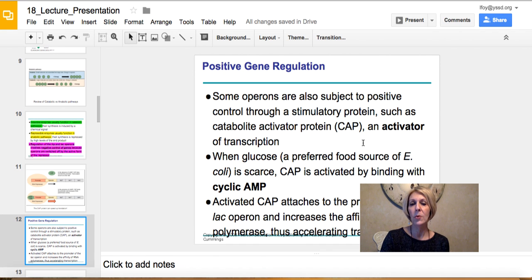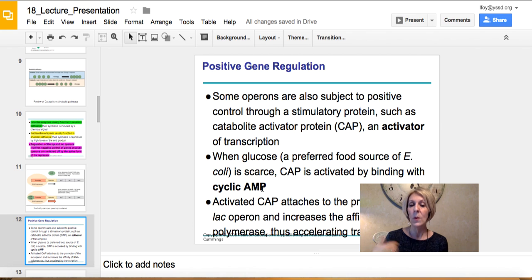So this CAP protein is a catabolite activator protein. And as we've just said before, when glucose is scarce, then CAP is activated and it bonds with cyclic AMP. Cyclic AMP, remember, is one of the precursors to ATP.